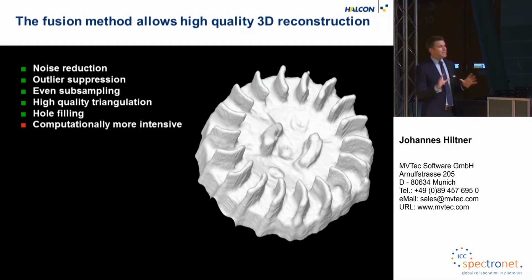All these very nice benefits come with a cost, of course. This approach is more computationally intensive than the other approaches we implemented so far. That's why we think that this is not usable in an inline inspection process, but for offline reconstruction, for doing, let's say, 3D printing or high quality reconstruction for reverse engineering, for example.